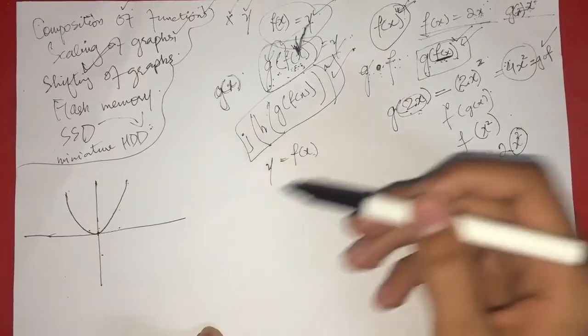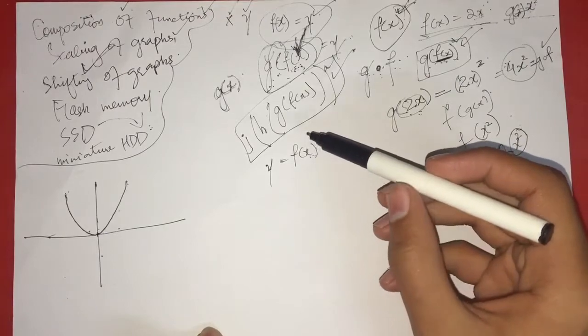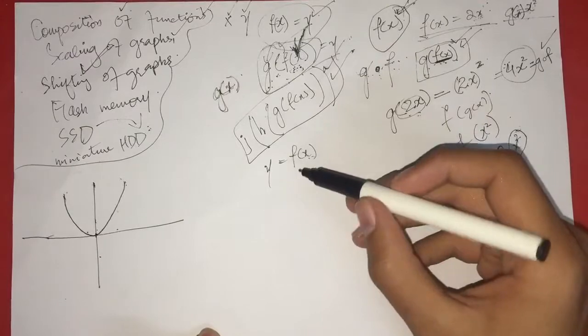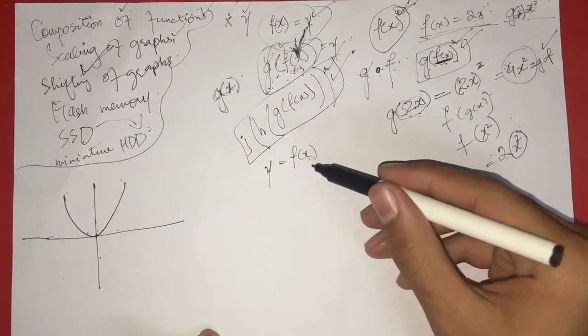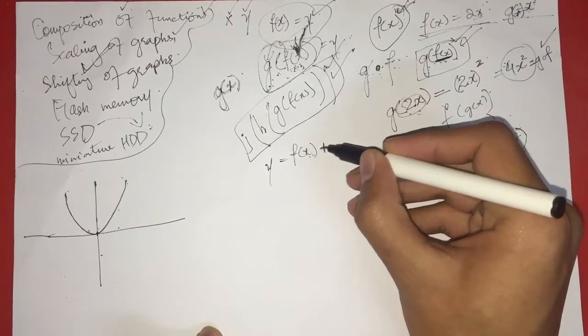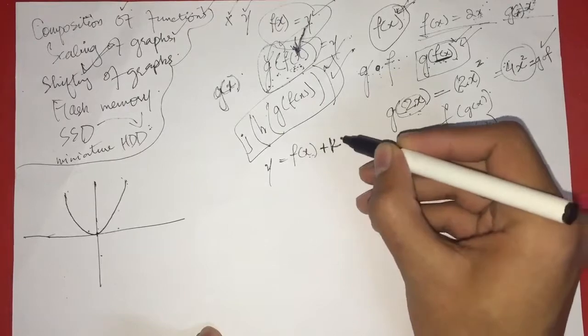There are these properties based on which you can shift these graphs. If you want to shift this graph vertically up, you add k, a constant, to the function.